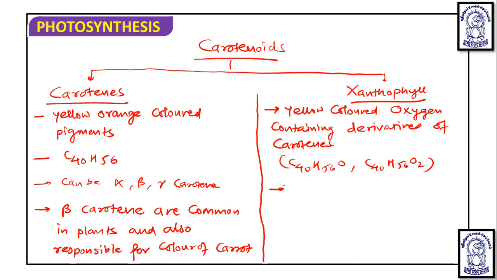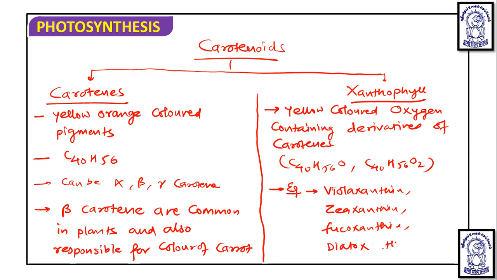And it is known that they are of different types. If we talk about the types of xanthophyll, they are violaxanthin, zeaxanthin, fucoxanthin, diatoxanthin, dinoxanthin. These all are different types of xanthophylls.